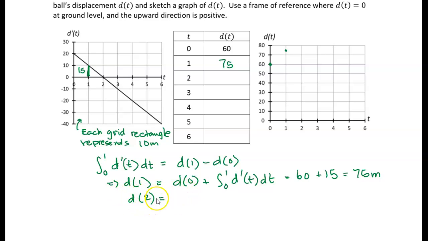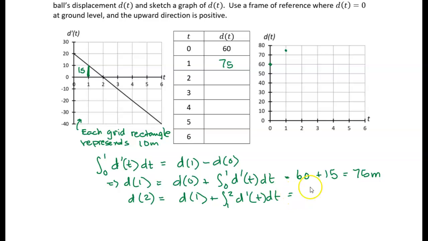I know that at 2 seconds, I can take where I'm at 1 second and add to it the integral from 1 to 2 of d prime of t. Or I could take d of 0 and add the integral from 0 to 2 if I wanted to.